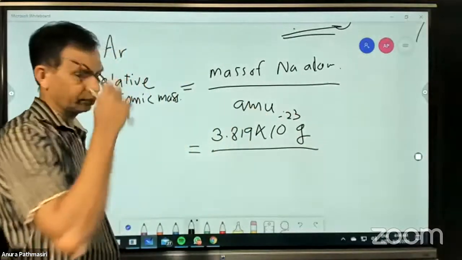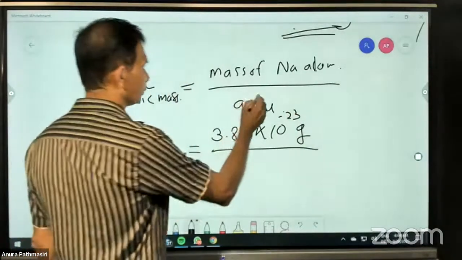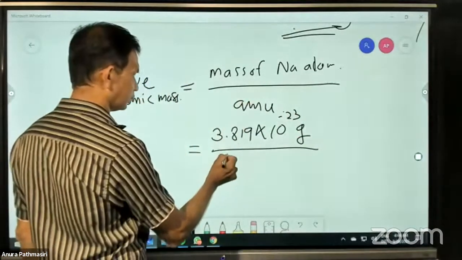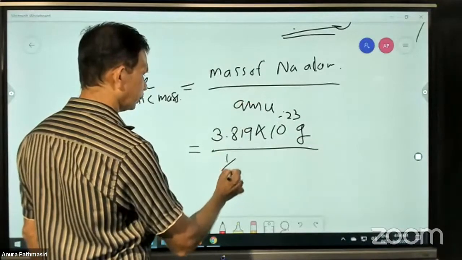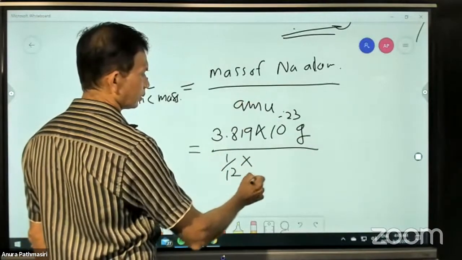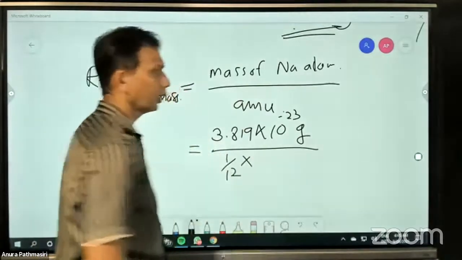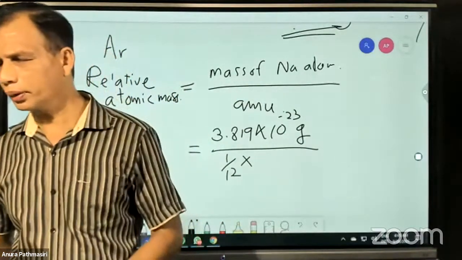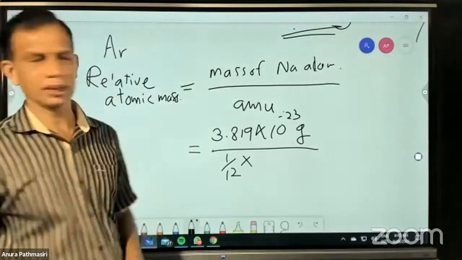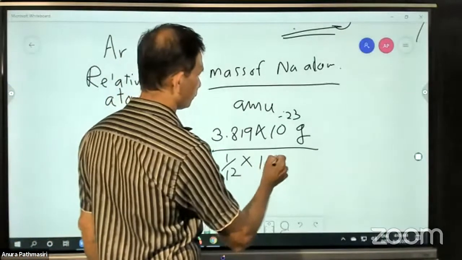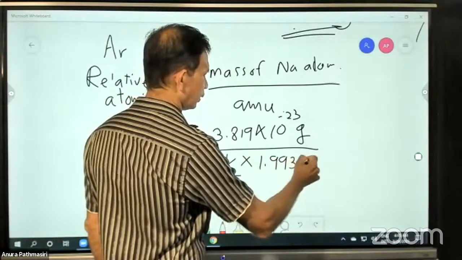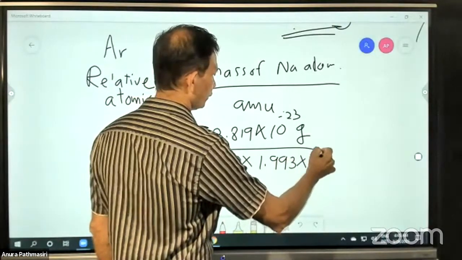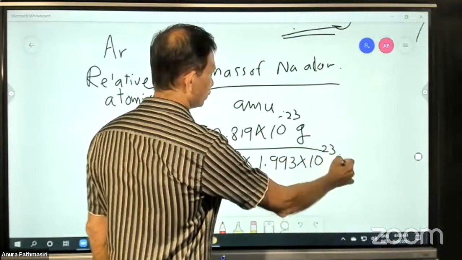And AMU, what is AMU? You can expand it: 1 upon 12 times the mass of a carbon atom. What is the mass of a carbon atom? 1.993 times 10 to the power negative 23 gram.